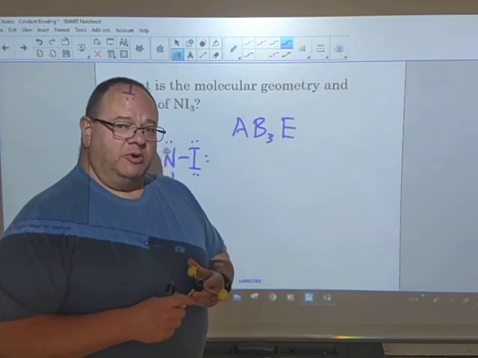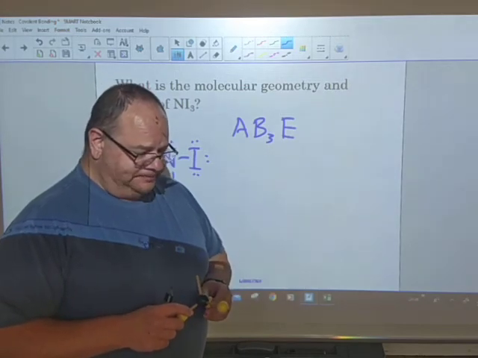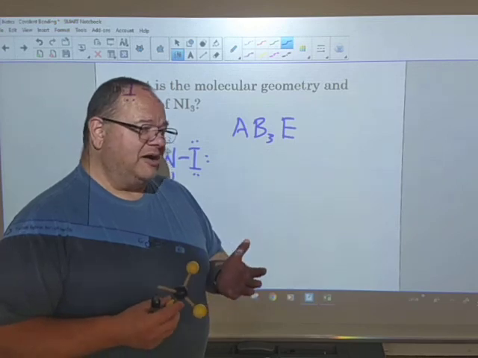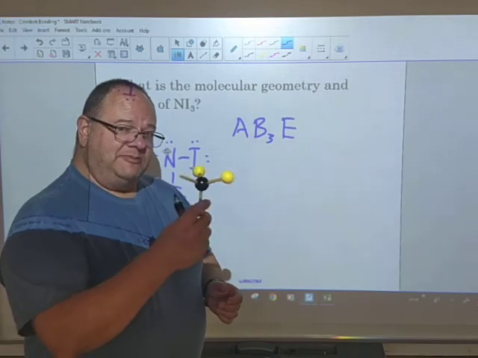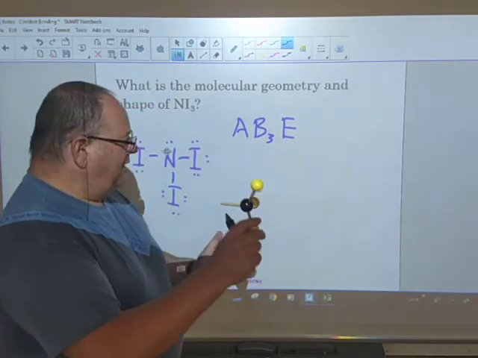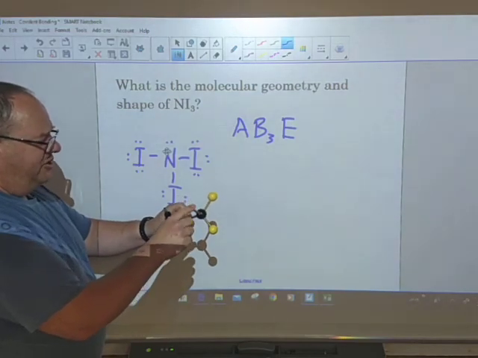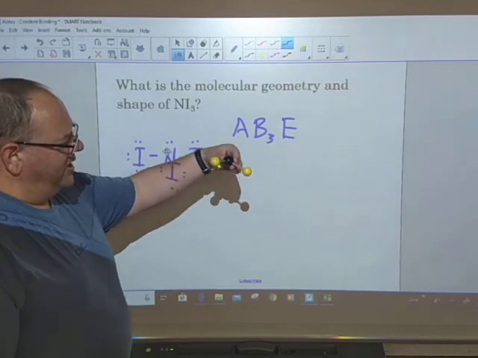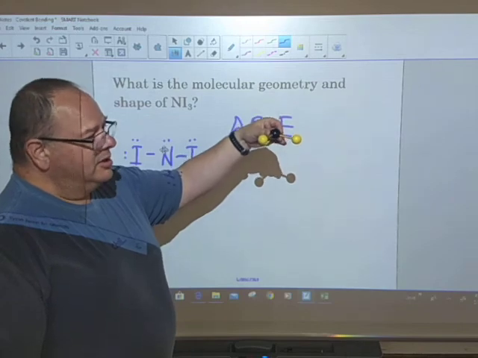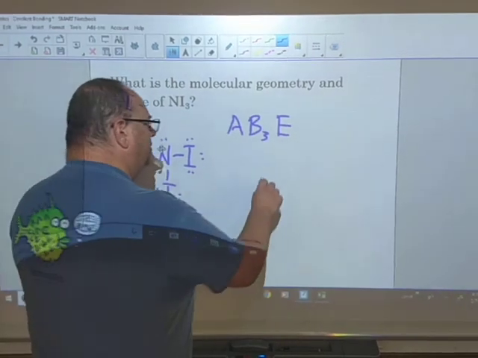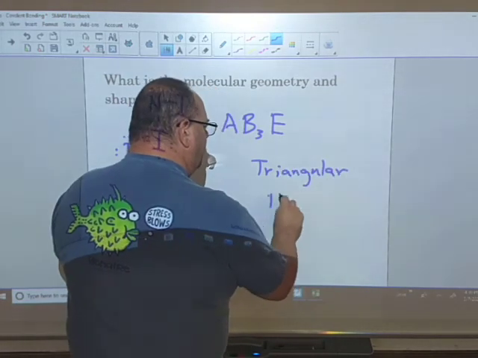That did not occur to me when we had our materials pickup. We have a small enough class that I maybe could come up with at least a small set for everybody to try some things. But sometimes it really is nice to be able to build a model to look at and say, all right, here's my central atom, 3 atoms bonded to it and one unshared pair. Now, when I name my shape, it's triangular, but they're not in the same plane, so it must be triangular pyramidal.